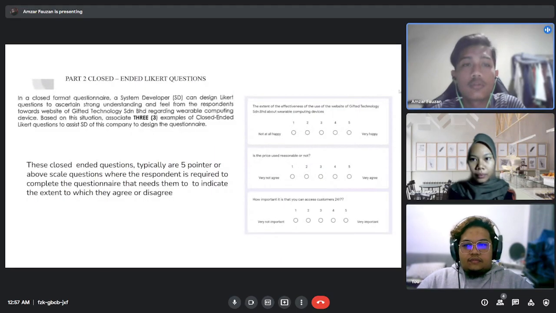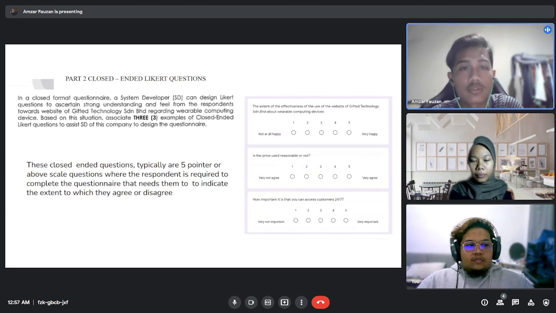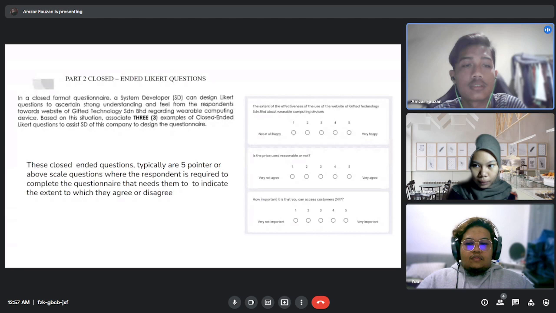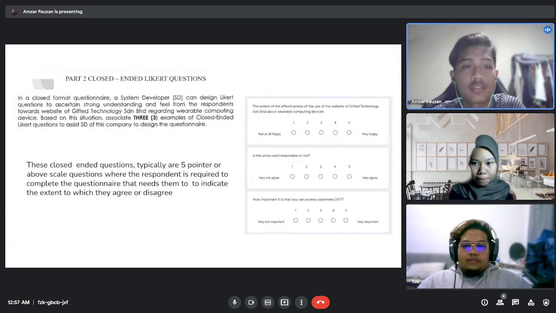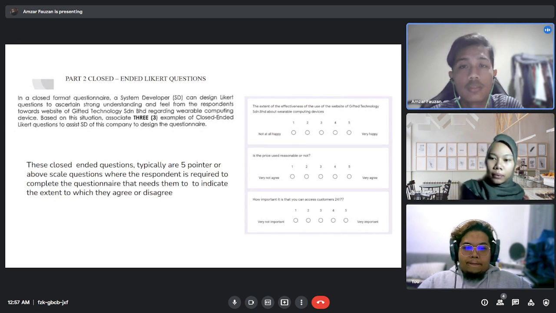So for part 2, close-ended Likert questions. The question is in a closed format questionnaire. A system developer can design a Likert question to ascertain strong understanding and feel from the respondent towards the website of Gifted Technologies Sendirian Berhad regarding wearable computing devices.